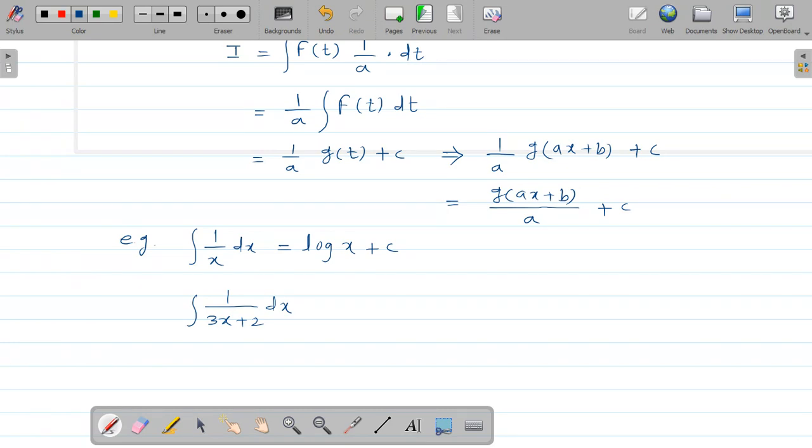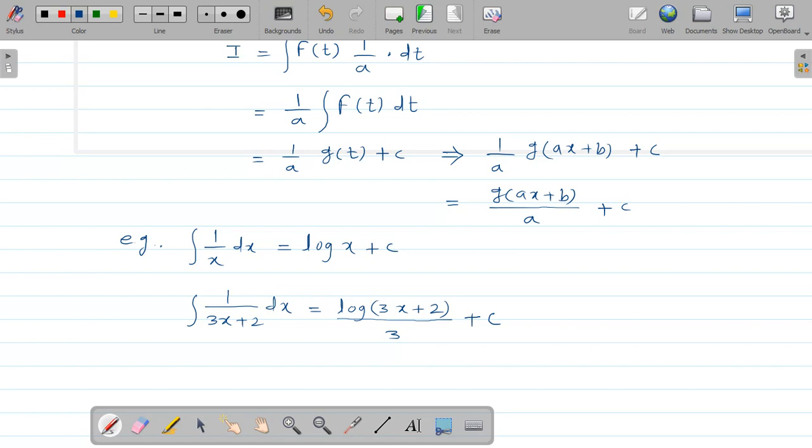You know the integration of 1 upon x is log x. So what about the integration of 1 upon 3x plus 2? It will be log of 3x plus 2 divided by the derivative of 3x plus 2, that is 3, plus a constant. You compare this example with this result, then you will understand the concept.